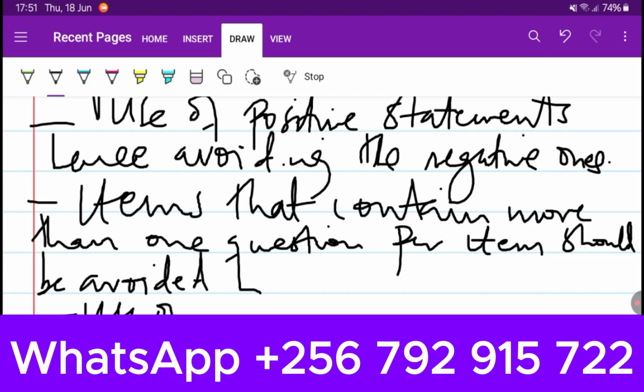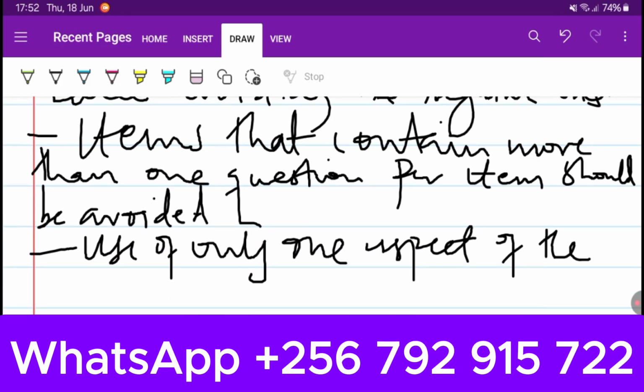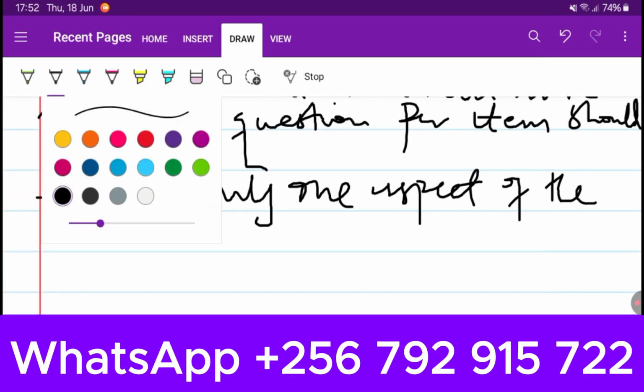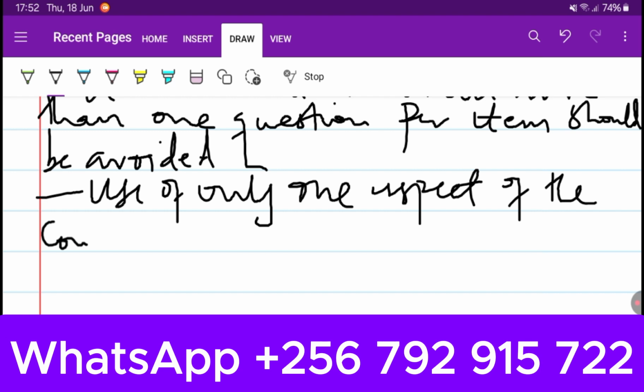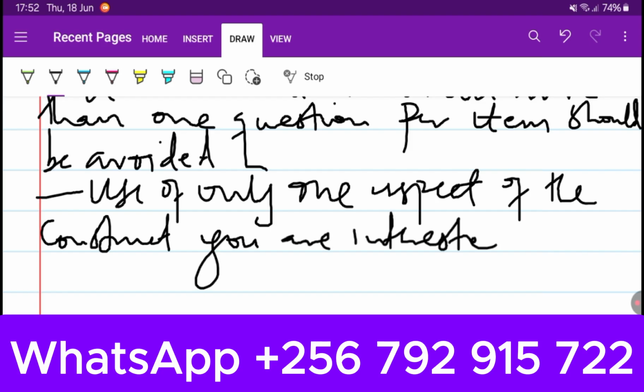So use only one aspect of the construct, or one aspect of the question, you are interested in per item.